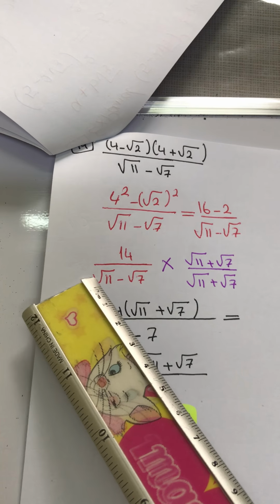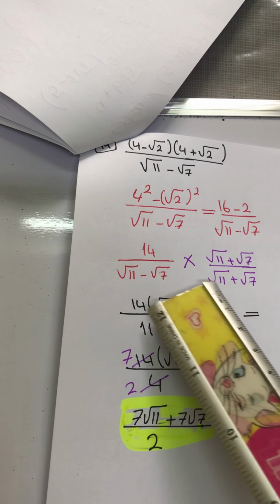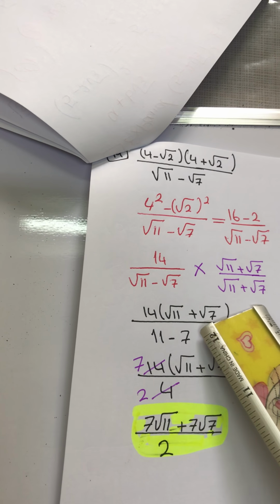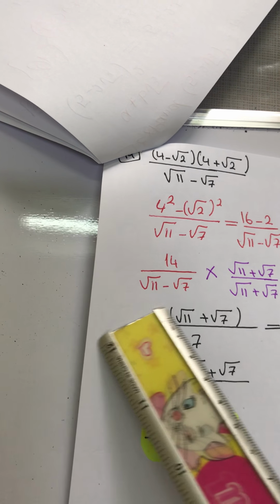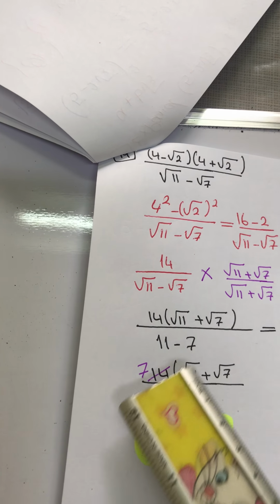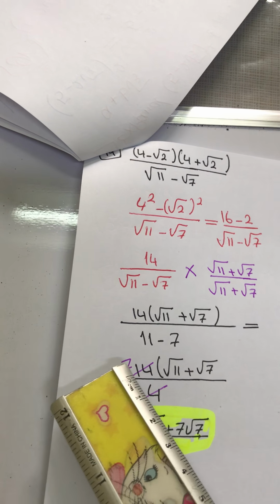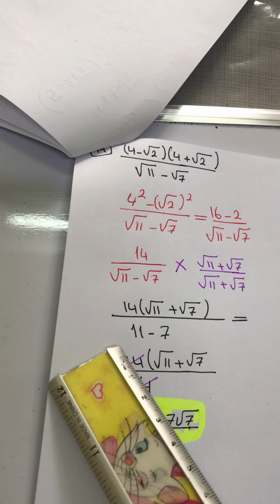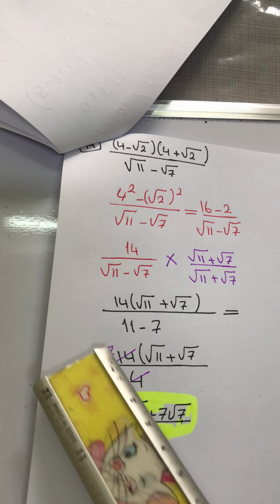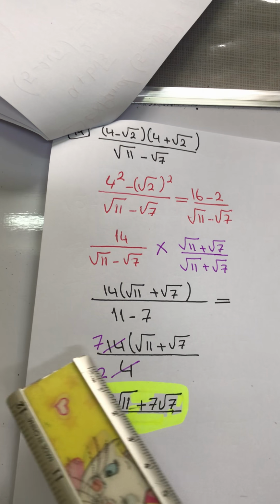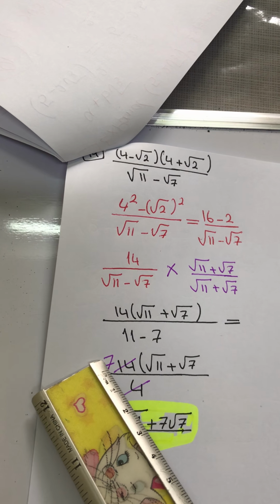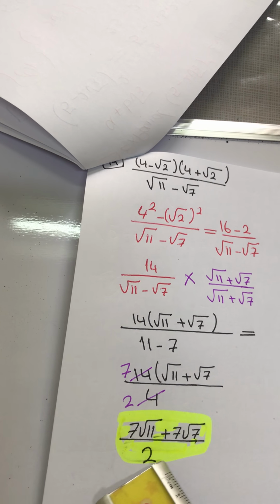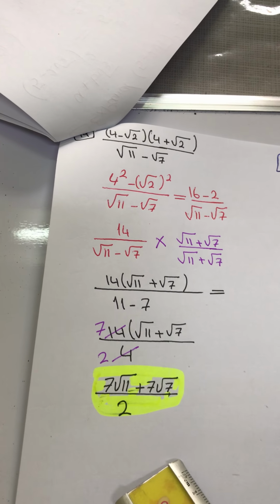So I'll take the square root of the first, which is 11, and the square root of the second, and between them minus. Now solve before distributing. 11 minus 7 equals 4. We can divide by 2 up and 2 down. So down gives me 2 and up gives me 7. Now you can distribute 7 by the square root of 11 and 7 by the square root of 7. And the final answer will be like this.